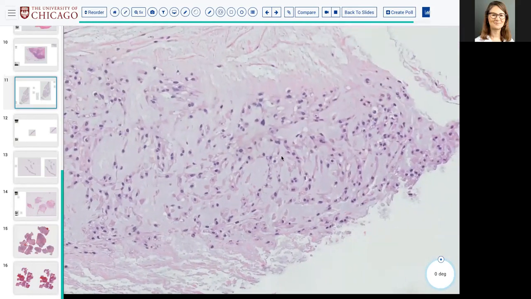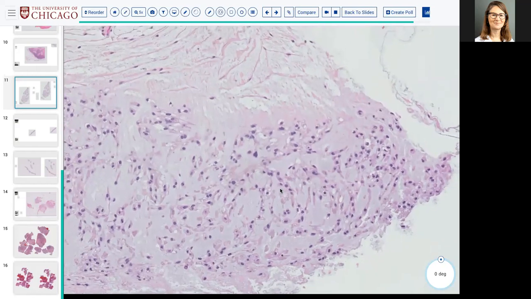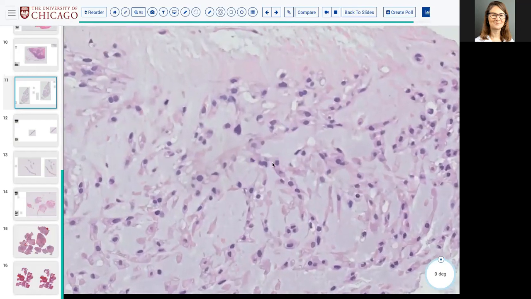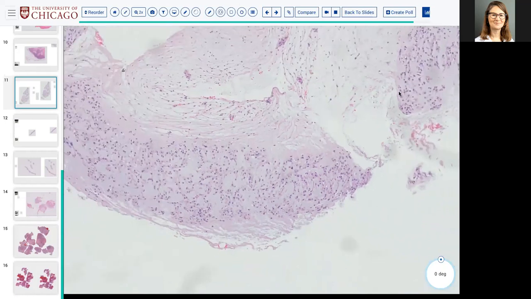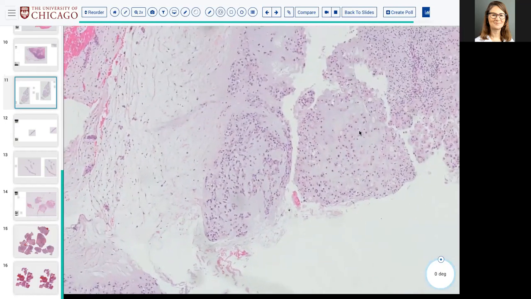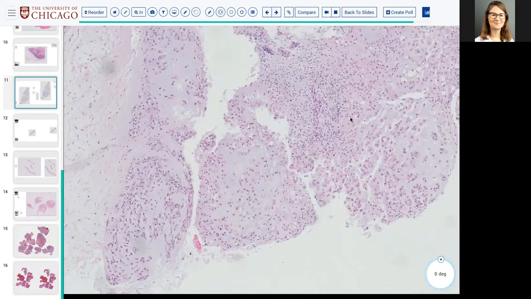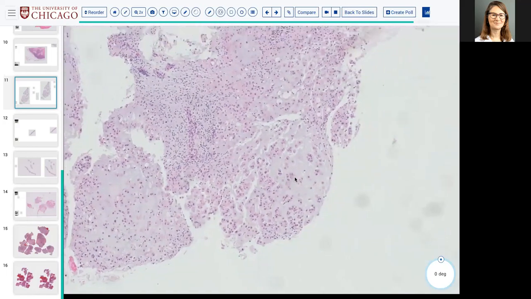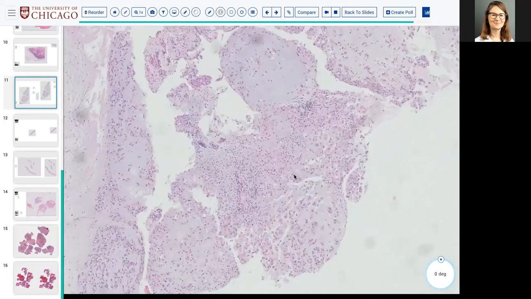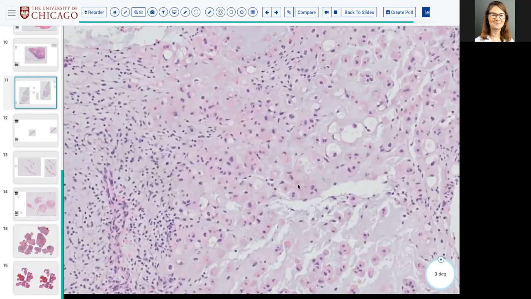Yeah, low-grade myxofibrosarcoma is less cellular than the higher grade ones, but arguably it still retains some cytologic atypia. Here's one larger cell, but what we don't see are those very large hyperchromatic nuclei with angulated borders. We saw one mitosis, but we don't see a lot, which in low grade you might not expect.